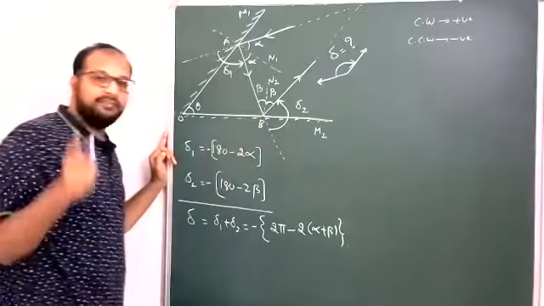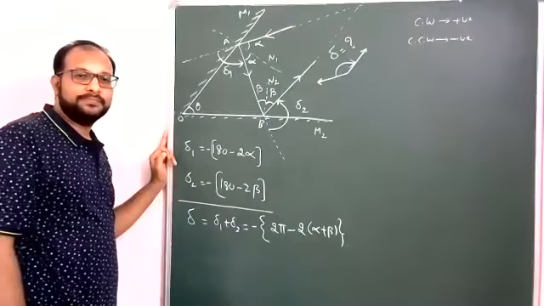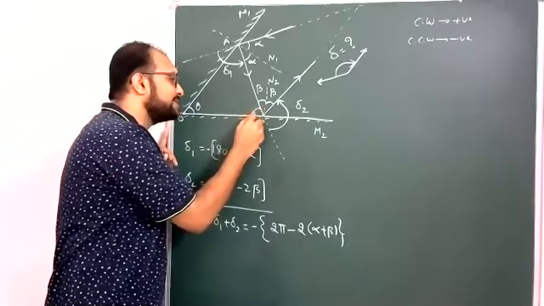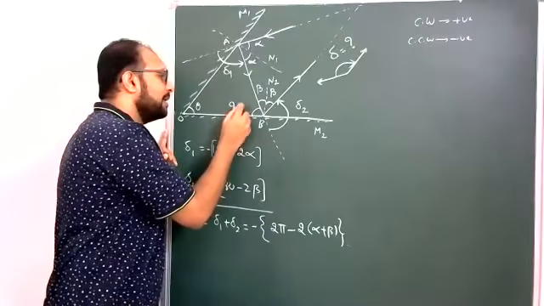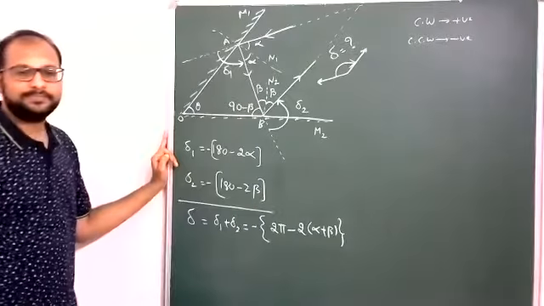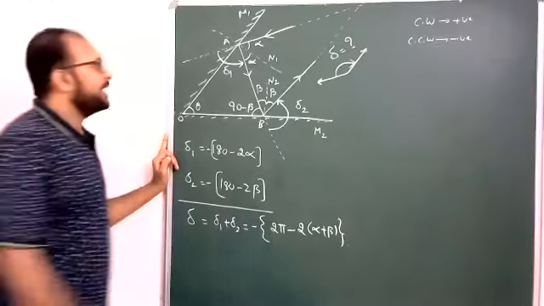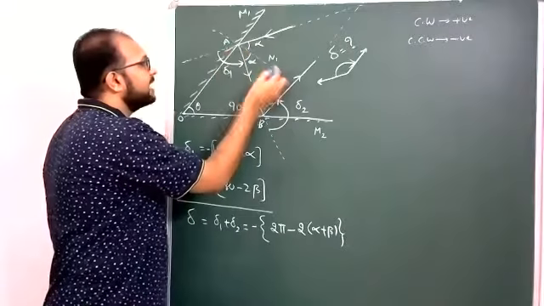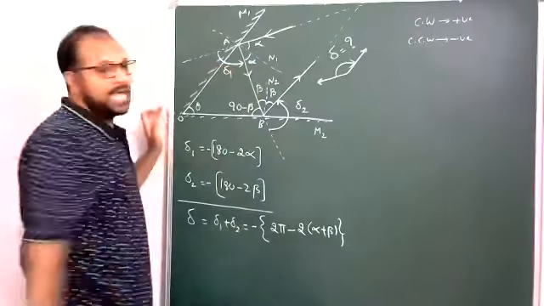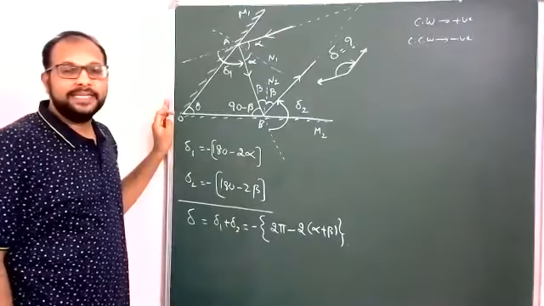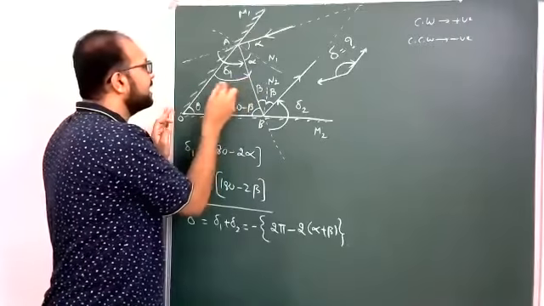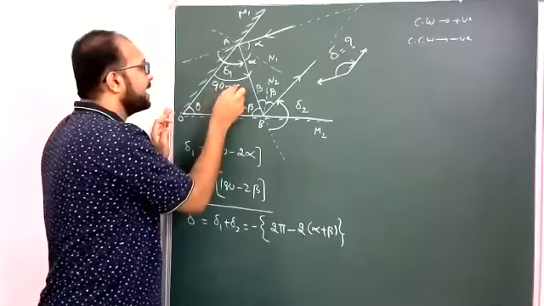The angle between normal and mirror is always 90. But here beta is already completed, so this angle is 90 minus beta, right? Next, this is N1, the normal to M1. Between N1 and M1 the angle is again 90. But alpha is already used, so this angle is 90 minus alpha.